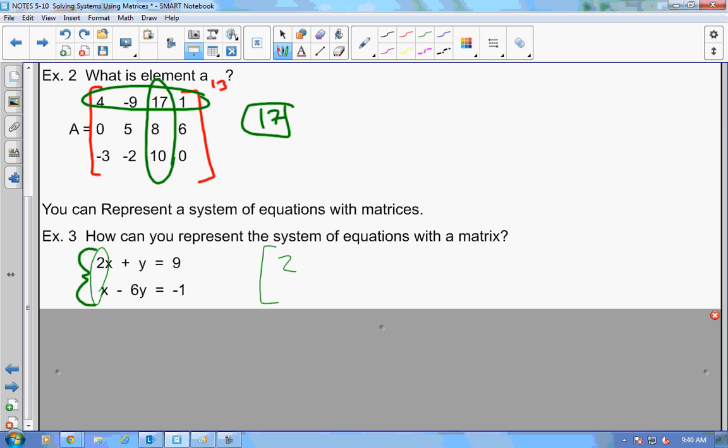How many X's are on bottom? 1, because it's 1X. So they have to be in like terms, my X's and then my Y's. So now the Y column: 1 and negative 6. And then through the equal sign we actually do a vertical bar for the constants on the other side: 9 and negative 1. Like so.